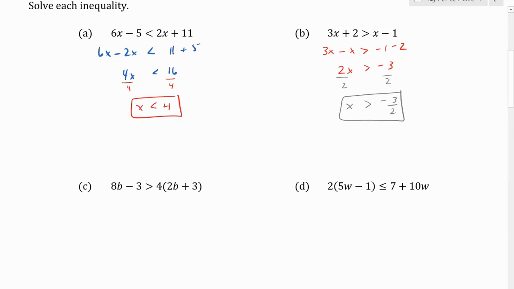It is okay. Okay. This one, variables on both sides, but one side I can clean up a little. So that's 8b plus 12. If I get the variables on one side, numbers on the other. Ooh, the variable went away.